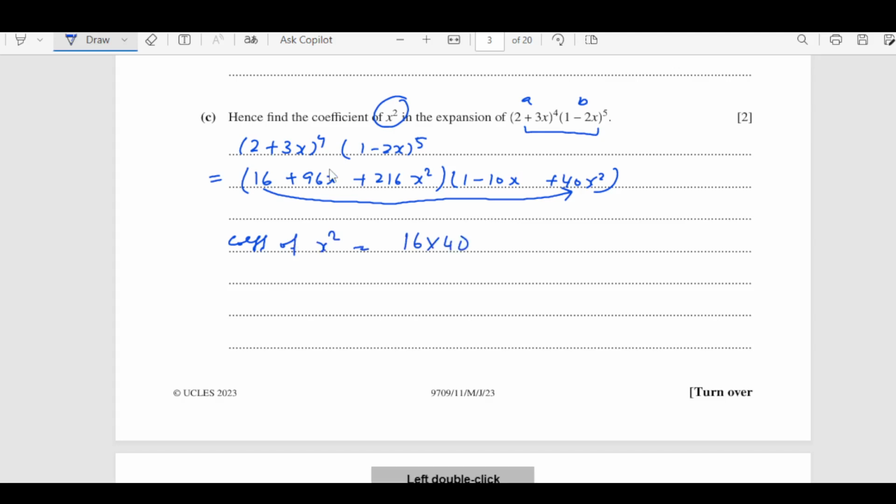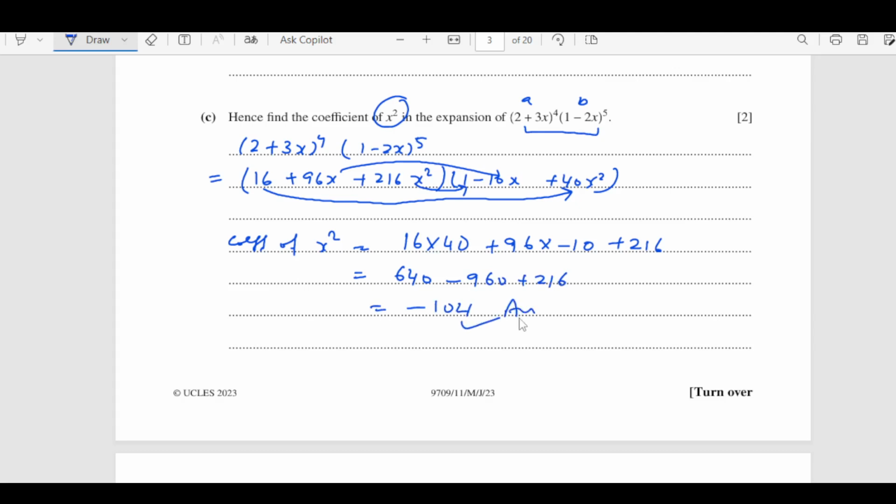Then let's see the second one, 96. 96 will be multiplied throughout, but we get x squared only when we multiply by negative 10, so this is 96 times negative 10. Then we have 216 times the first term, so plus 216. So this is 640 minus 960 plus 216, which is negative 104. So this is our final answer, right?